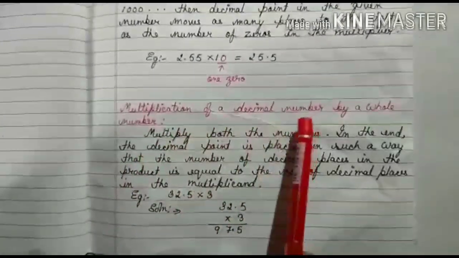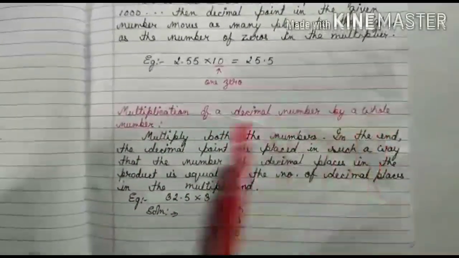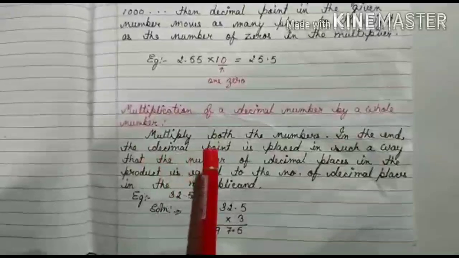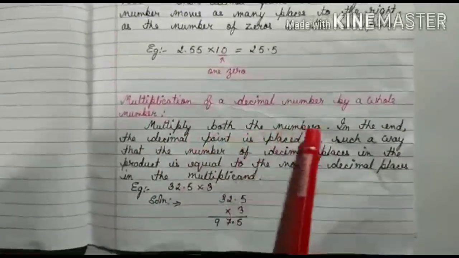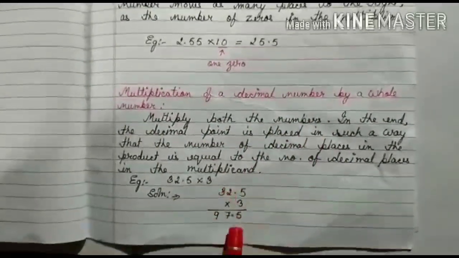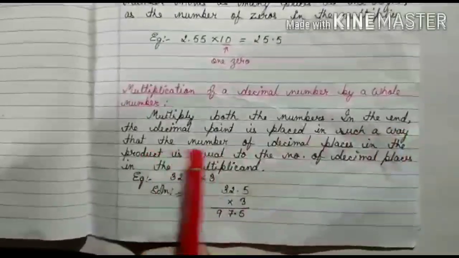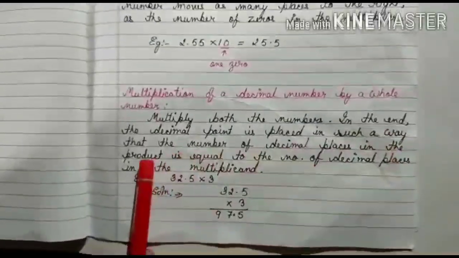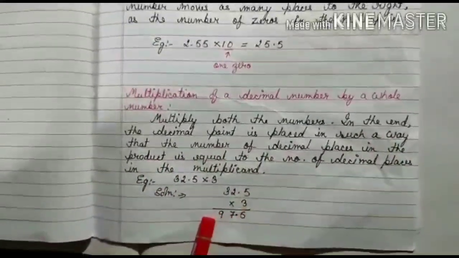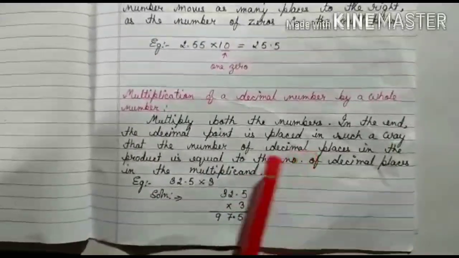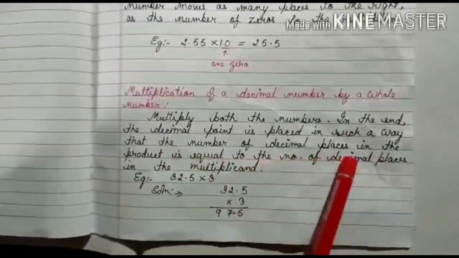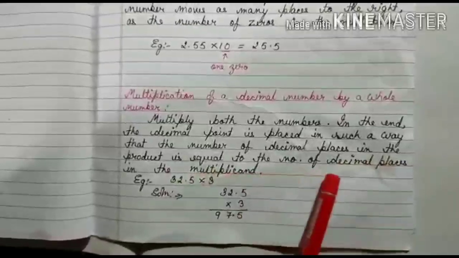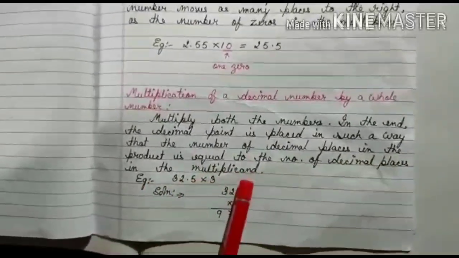That means when we multiply a decimal number by a whole number, first we need to multiply both the numbers. In the end, the decimal point will be placed in such a way that the number of decimal places in the product is equal to the number of decimal places in the multiplicand.